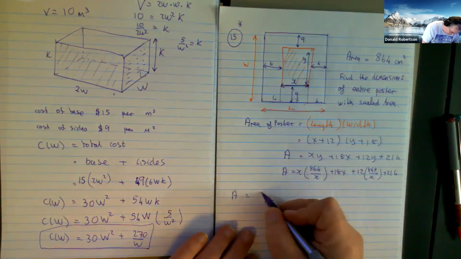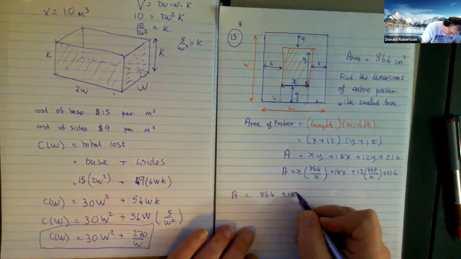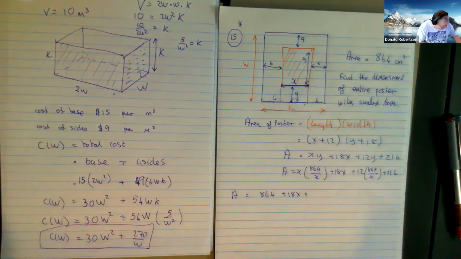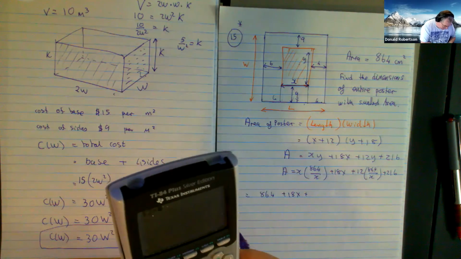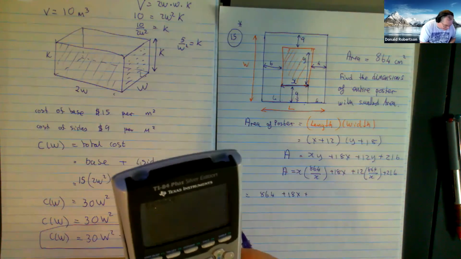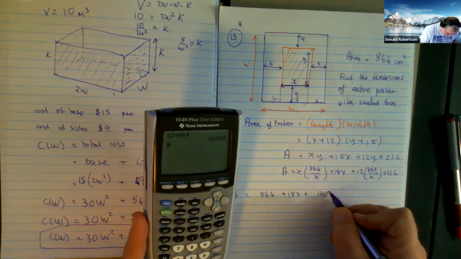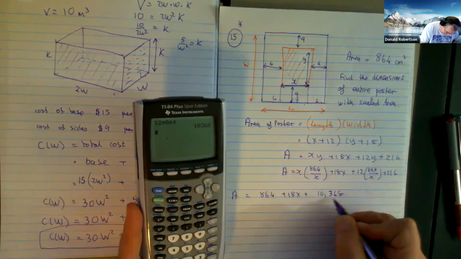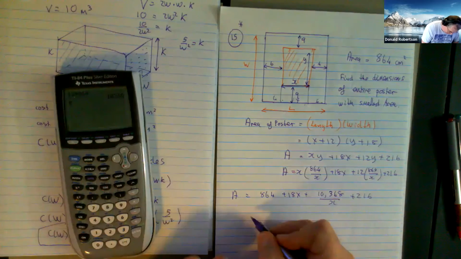They cancel and you get 864. You get an 18x. That's a ridiculously ugly number. 12 times 864, so you're going to get 10,368 over x plus another 216.